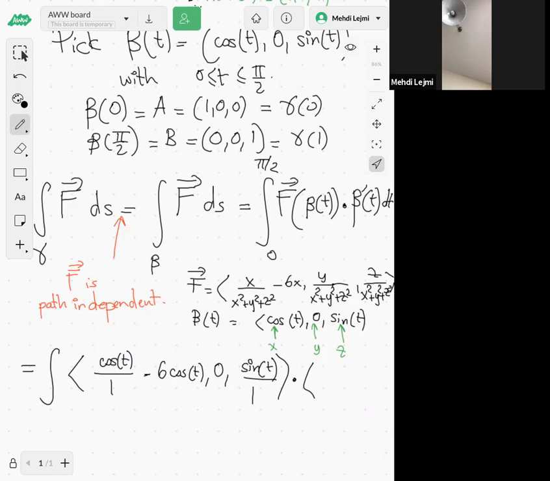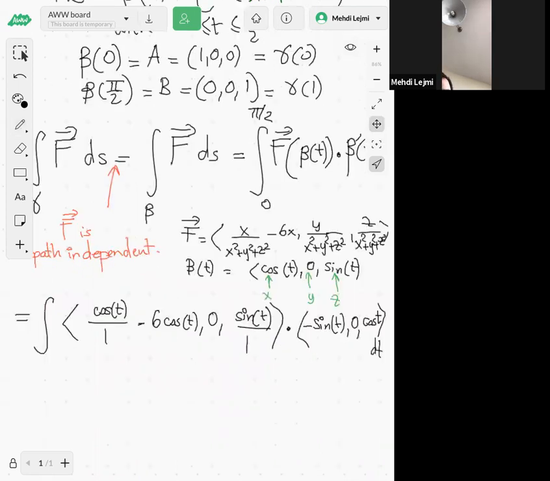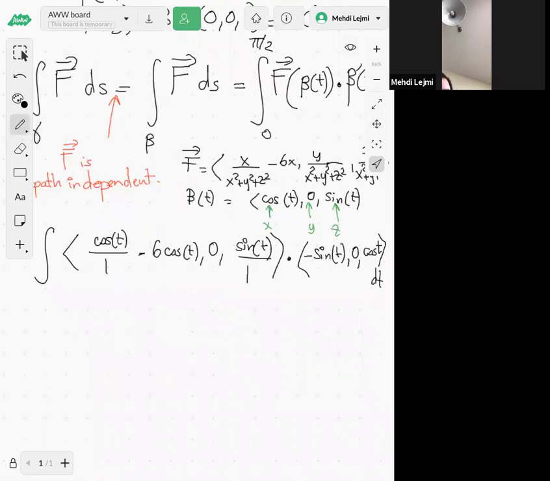Derivative of cosine is minus sine. Derivative of 0 is 0. Derivative of sine is cosine. Okay. So this is, of course, from 0 to pi over 2.